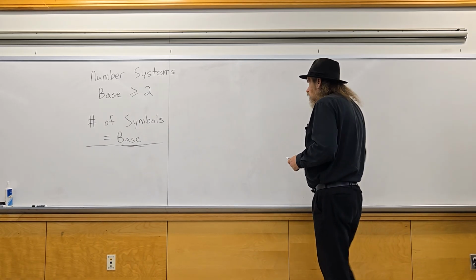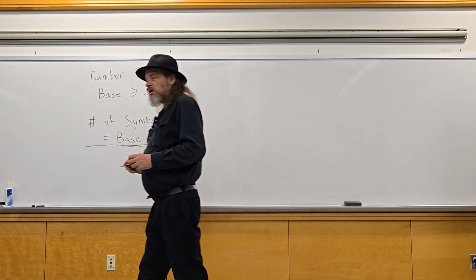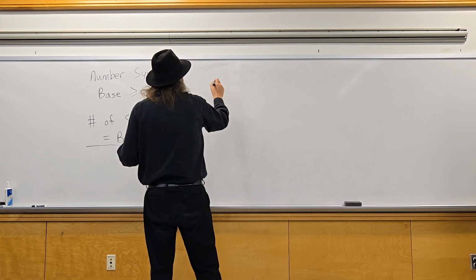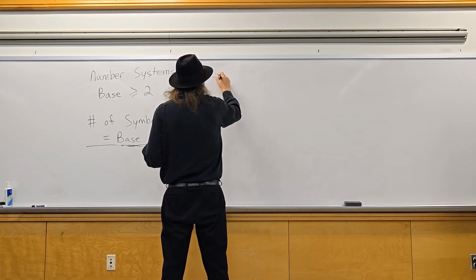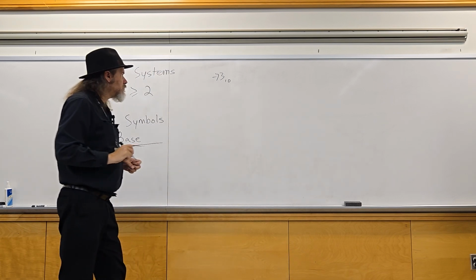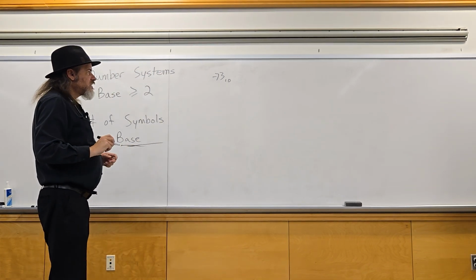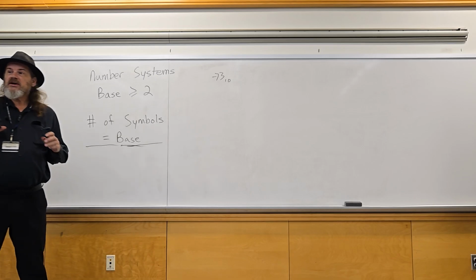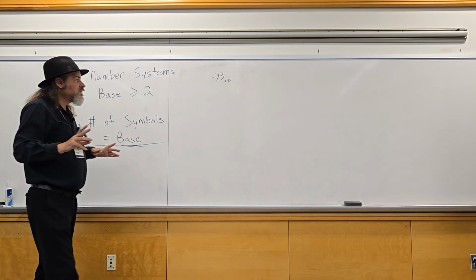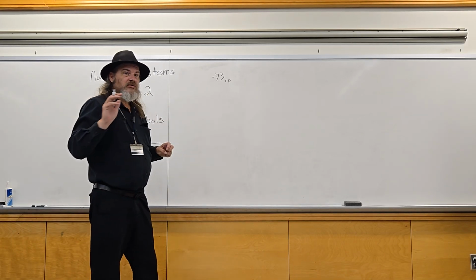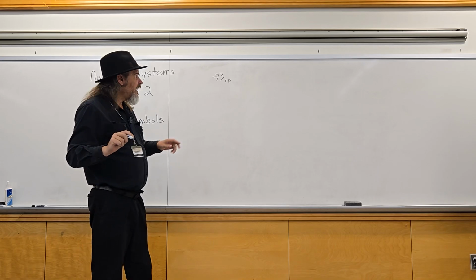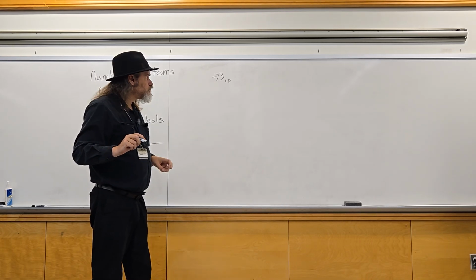So say you have negative 73, base 10, and you want to convert that to hexadecimal. First, convert it to 2's complement binary, and this would be an 8-bit number.